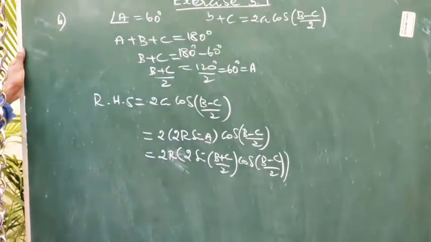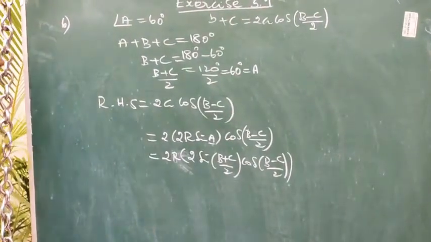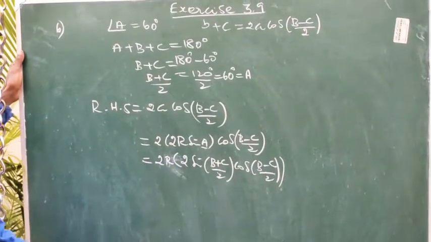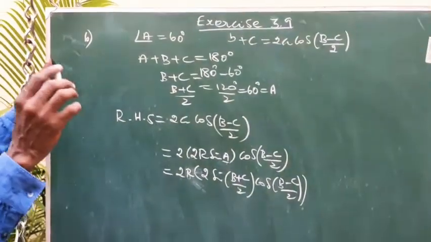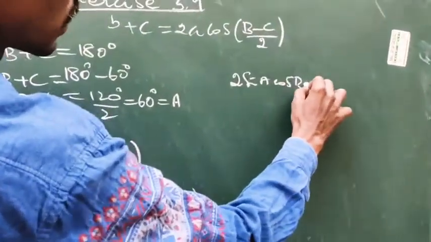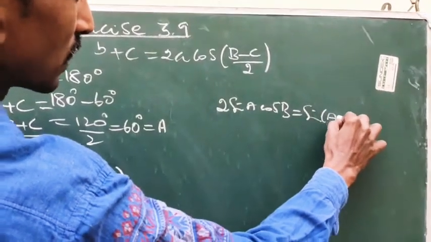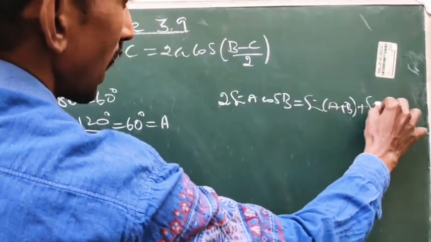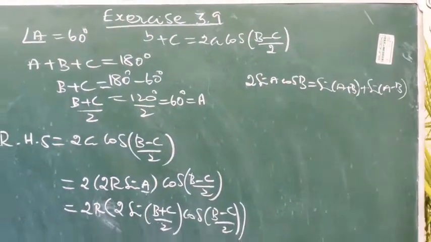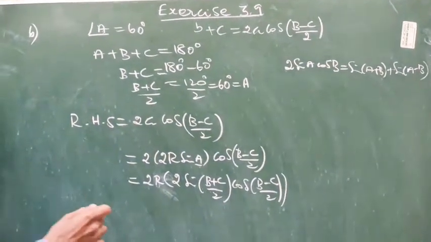Okay. So listen my dear student. So it is of the form 2 sin A cos B. 2 sin A cos B is sin(A plus B) plus sin(A minus B). So take A as (B plus C)/2 and B as (B minus C)/2.